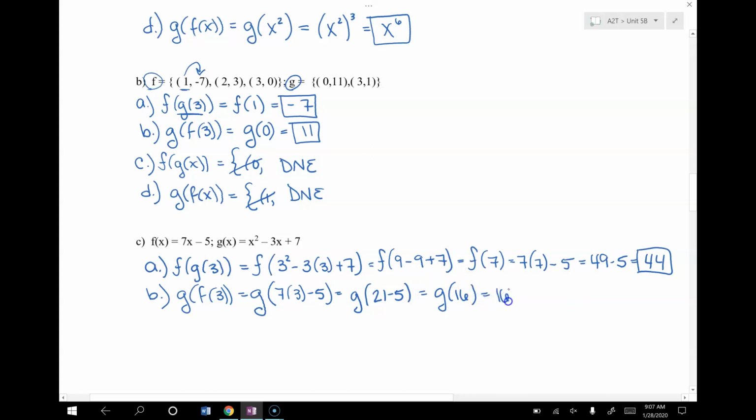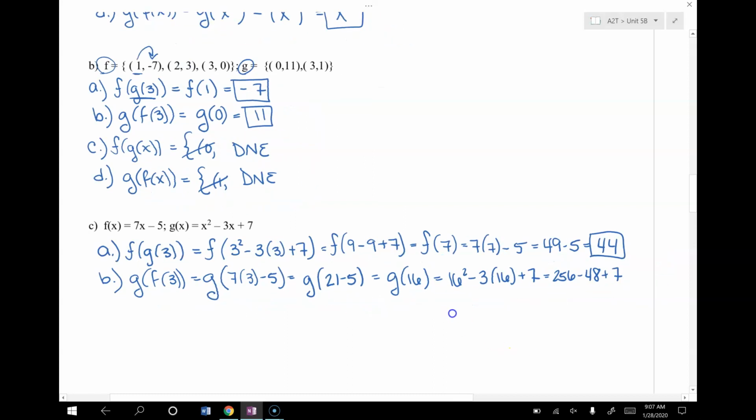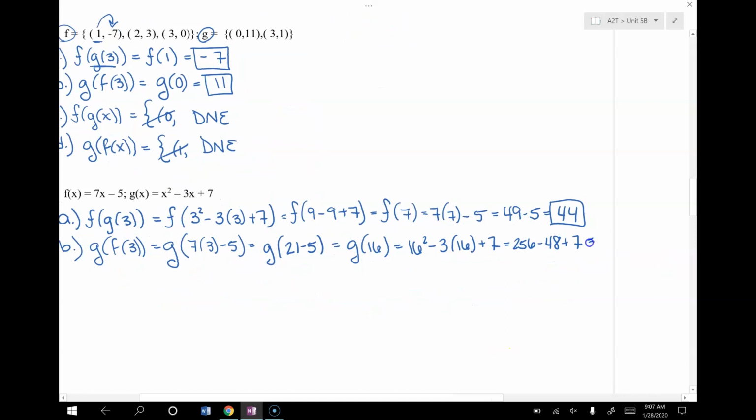So we get 16 squared minus 3 times 16 plus 7. 16 squared gives us 256 minus 48 plus 7. I'm running out of room, so I'm just going to do it in one fell swoop. Sorry, guys. So 256 minus 48 plus 7 is going to give us 215.